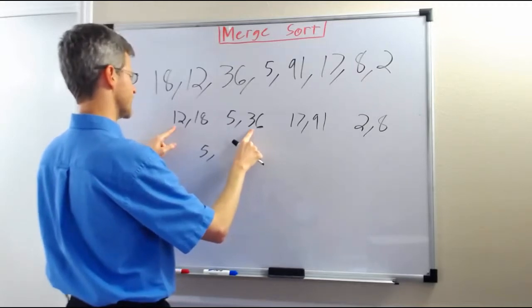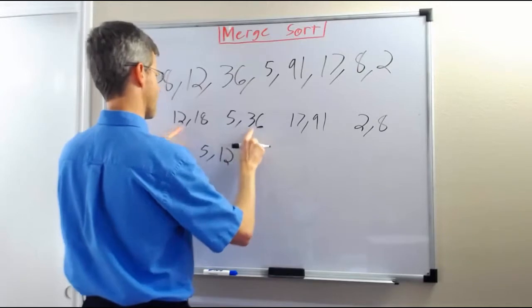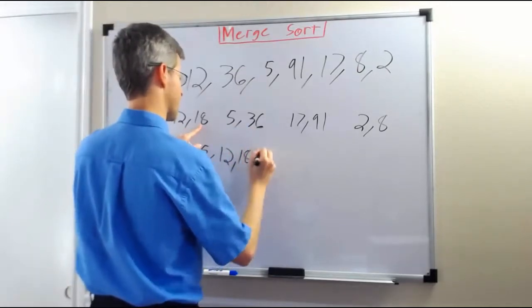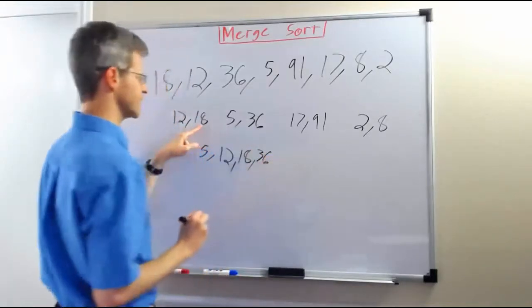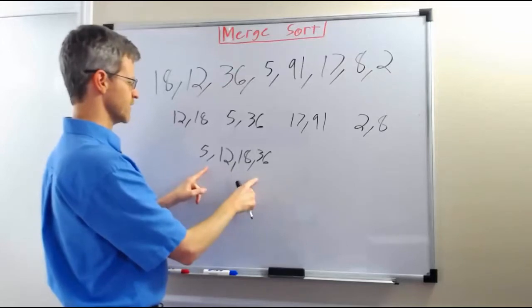Of 12 and 36, the smallest is 12. Of 18 and 36, the smallest is 18. And then 36. And so we've combined these two lists into a sorted list of length 4.